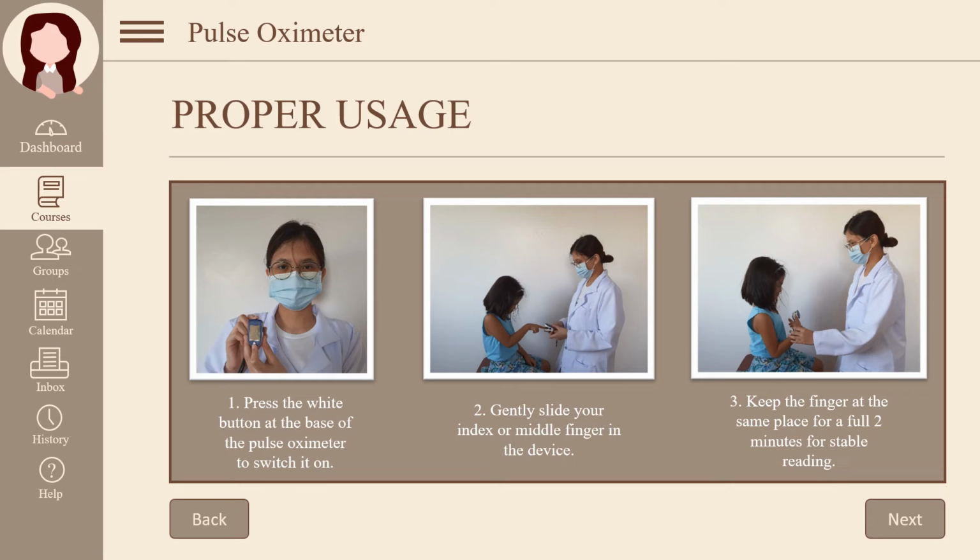Second, gently slide your index or middle finger into the device, pointing towards the LED light inside with the nail surface facing up. Third, keep the finger in the same place for a full 2 minutes for a stable reading. Wait until the reading stops changing and displays one steady number.